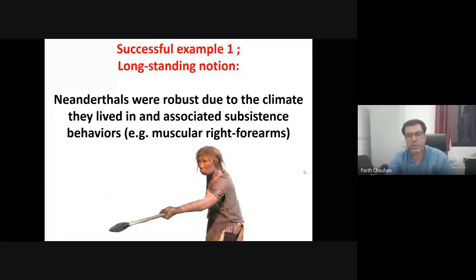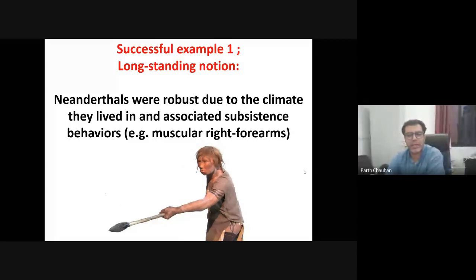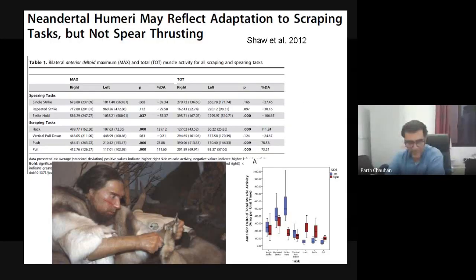But then gradually there were experiments done with scrapers. Because they were living in glacial environments for a long, long time, they were required to make leather hides. And for that, they required many, many scrapers, thousands of scrapers. So from experimentation, we found out which muscles get affected by constantly scraping.